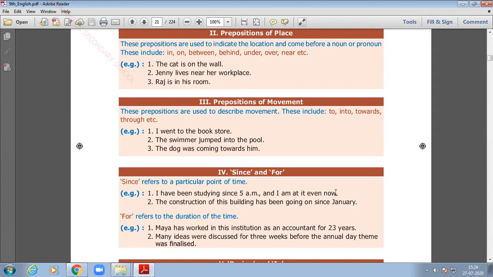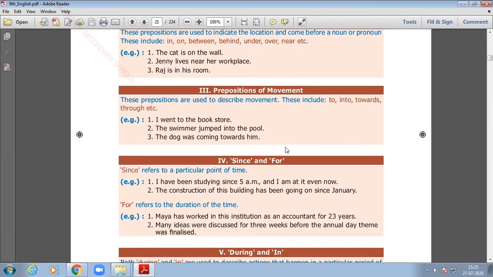Now means at present. Okay, the construction of this building has been going on since January. Okay, so these are the words of timing here, and usually they occur in a sentence with present continuous form, which means it started earlier and it's still going on. It's still in continuity. Got it, children? Since, that started and is still going on. Okay, whereas for, again a perfect form.